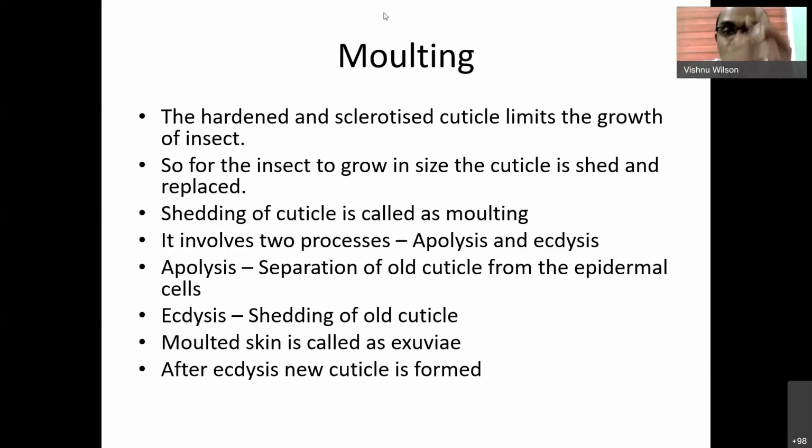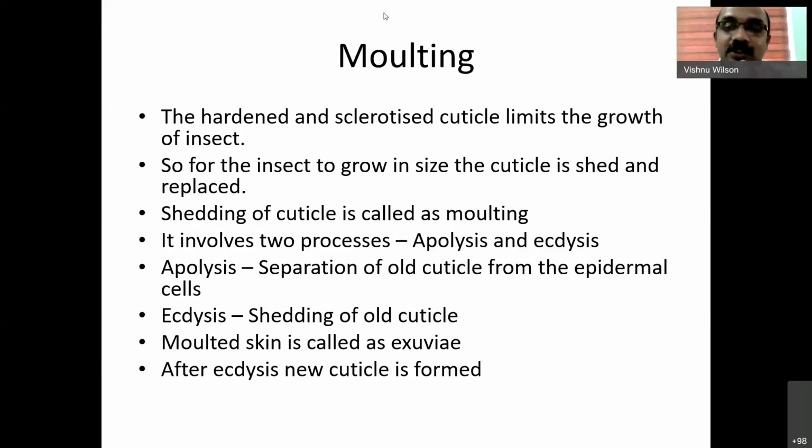So by the time molting occurs, the old cuticle is shed, and before the completion of sclerotization of the new cuticle, the insect has a small time interval to grow its body.